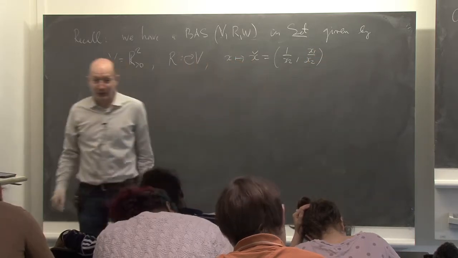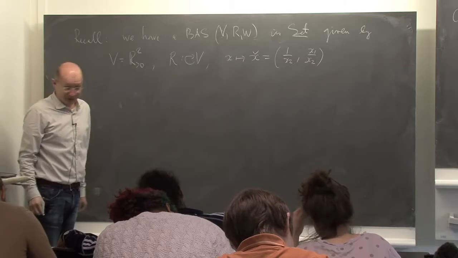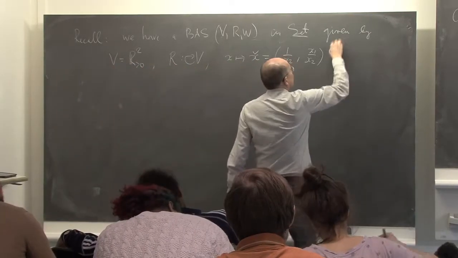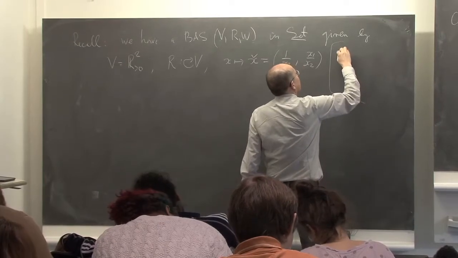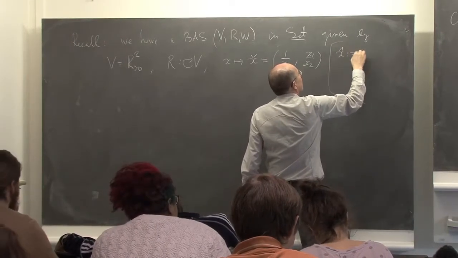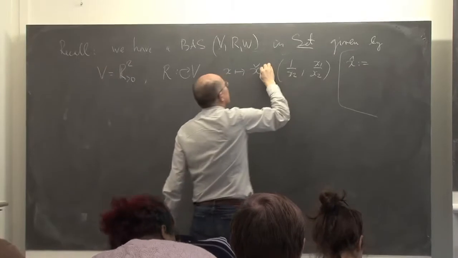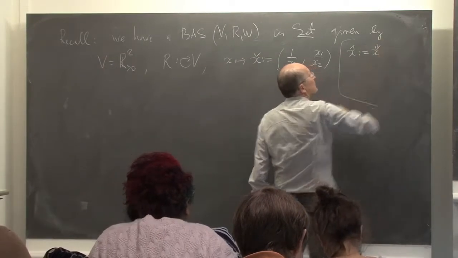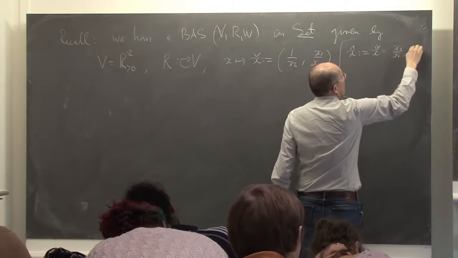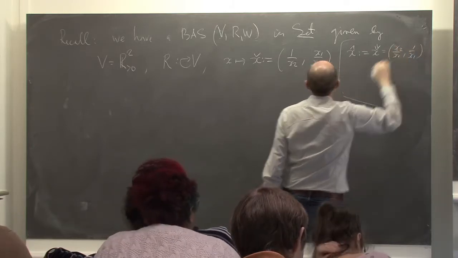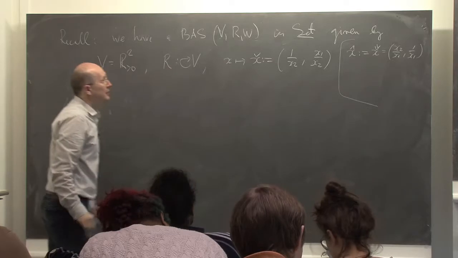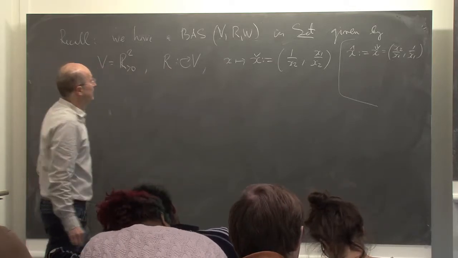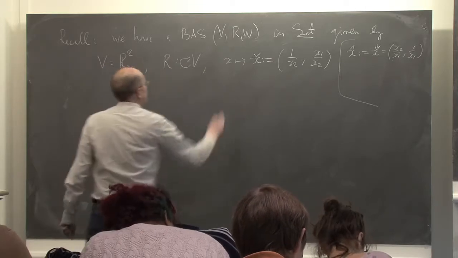So if you compare it, I wrote another formula, but here I just remarked that x hat, this is a notation, will be denoted double check, x2 over x1, 1 over x1.